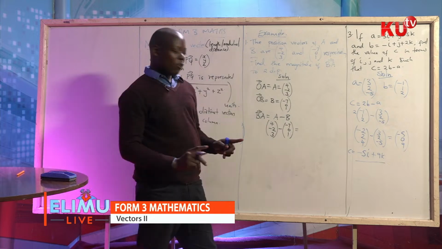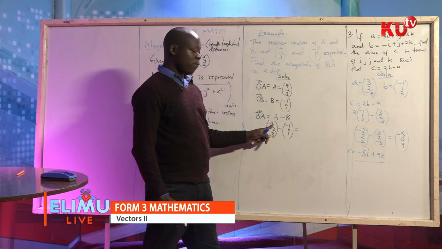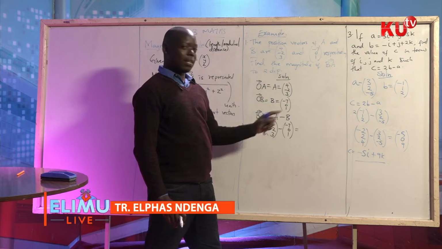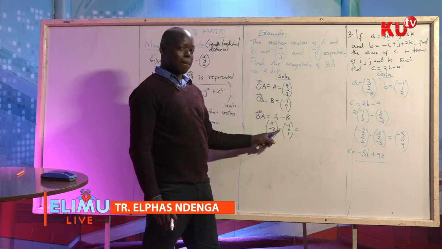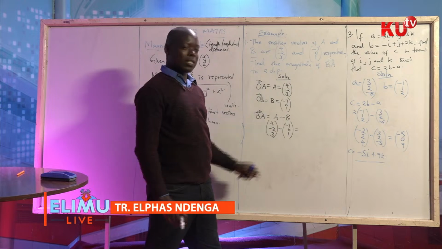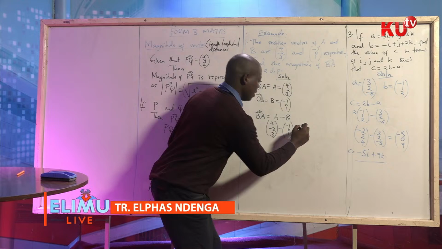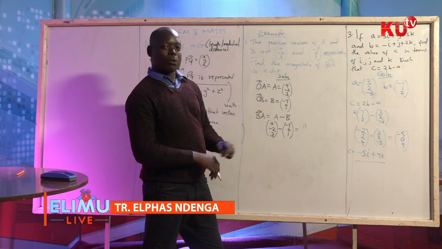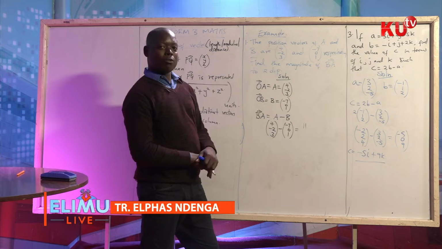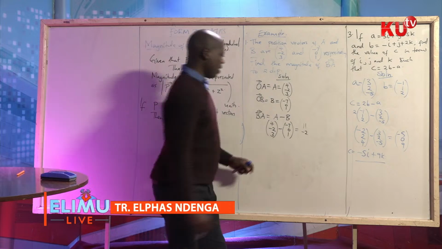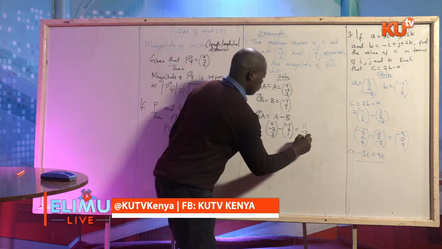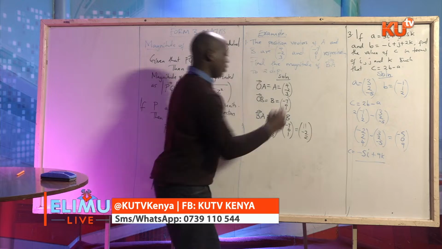Take your calculators and do the working. 4 minus negative 7, what is the answer? 11. Good. Negative 2 minus 0 is negative 2. And then 3 minus 1 is 2.